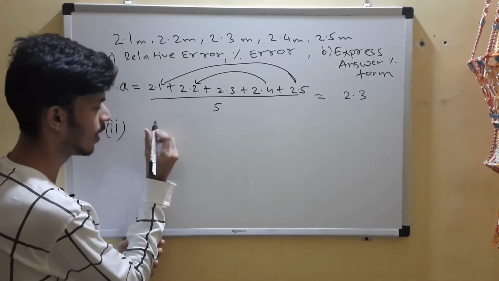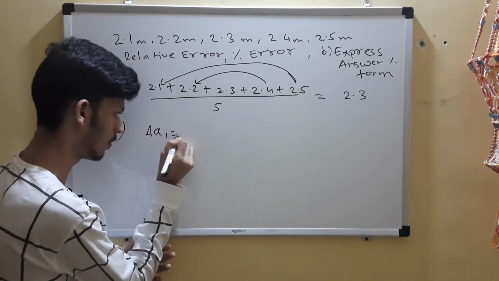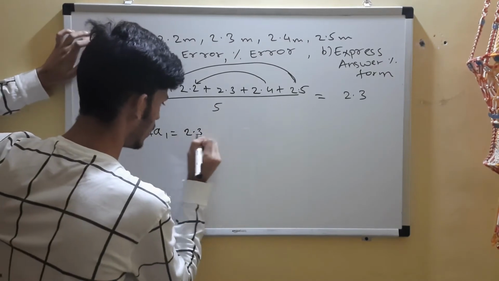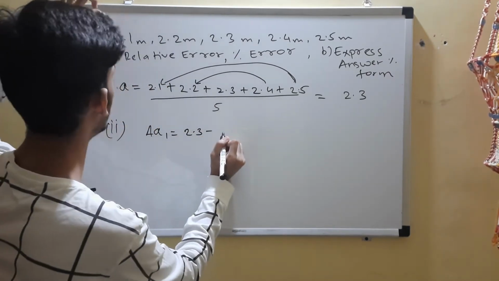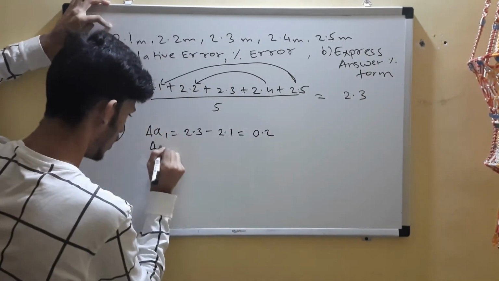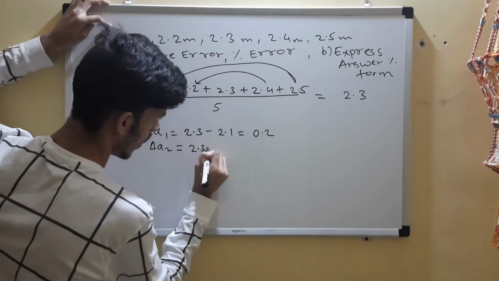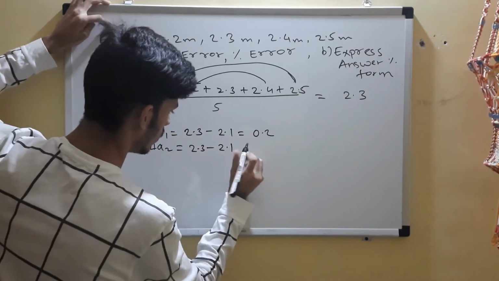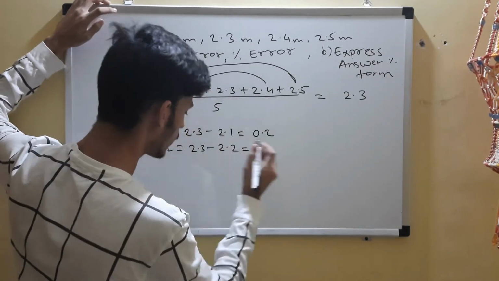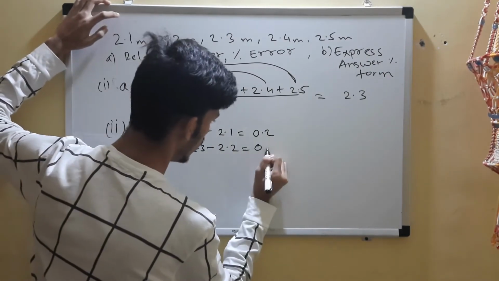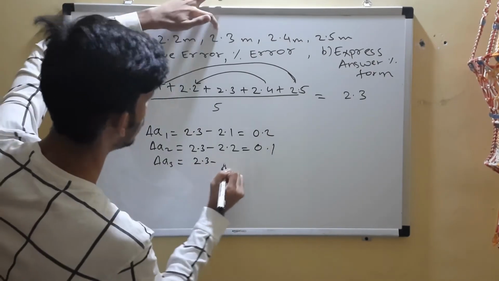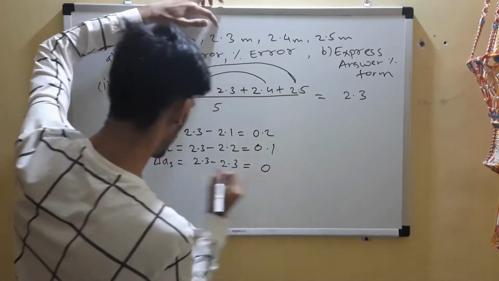Now let's go for the absolute error. So one at a time. Delta A1. So true value, which is 2.3 minus the first measured value 2.1. So that gives us 0.2. Delta A2, sorry, it will be 2.3 minus 2.2. So it will be 0.1. Here A3, 2.3 minus 2.3, 0.